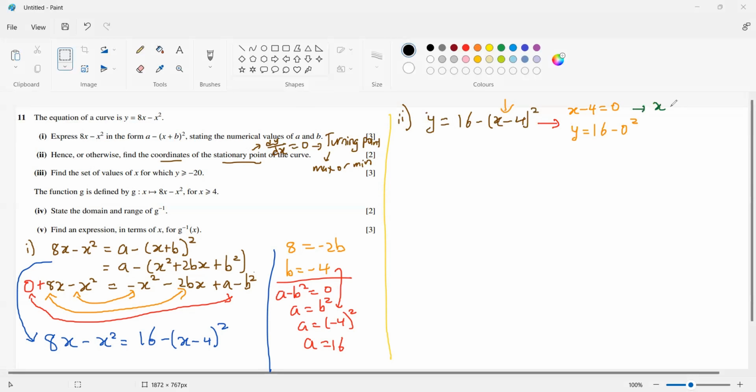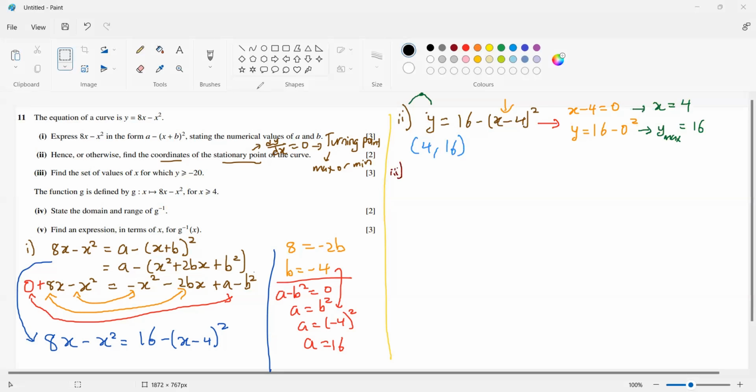And here we can see that y, because the coefficient of a is negative, that means in a quadratic curve, this will be a maximum point curve like that. So the y max, the maximum value, is 16. In other words, we just need to state the point. So it would be (4, 16). Okay, I will answer for this part.